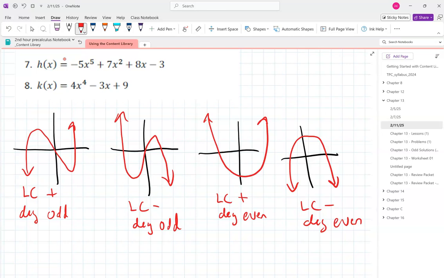So by just looking at the degree and the leading coefficient, I can tell which shape my polynomial is going to have. And then from that, I can just write my end behavior using limits.